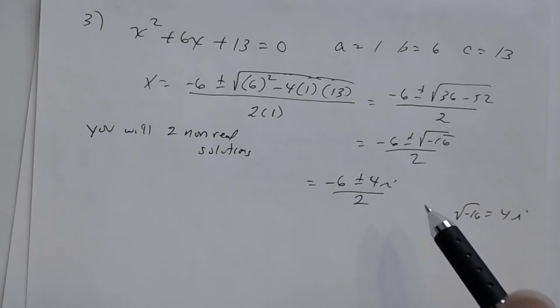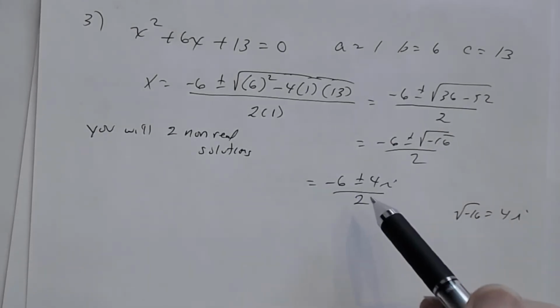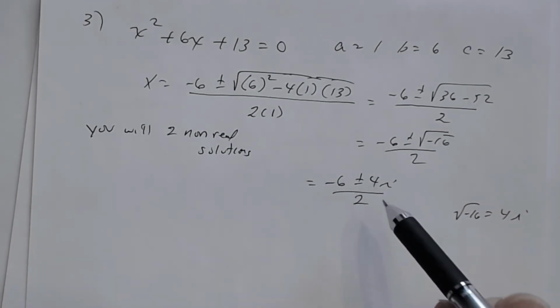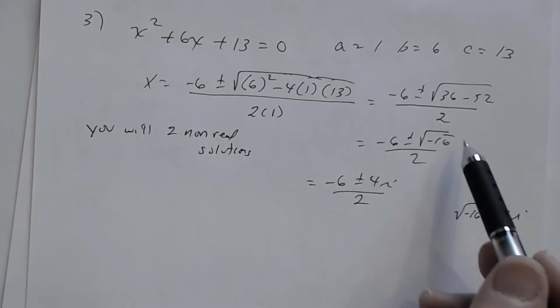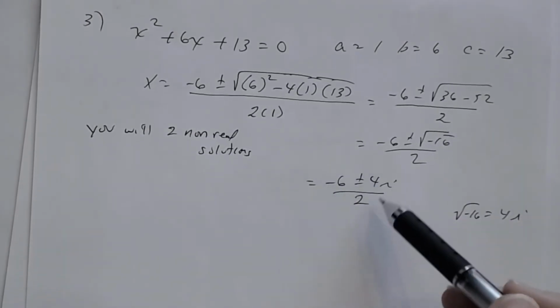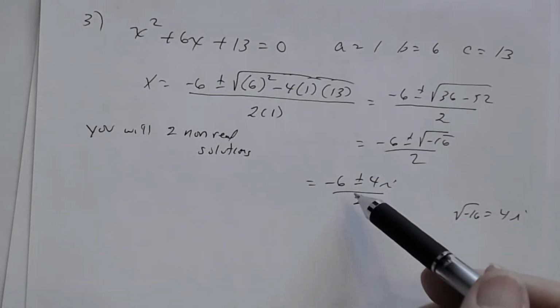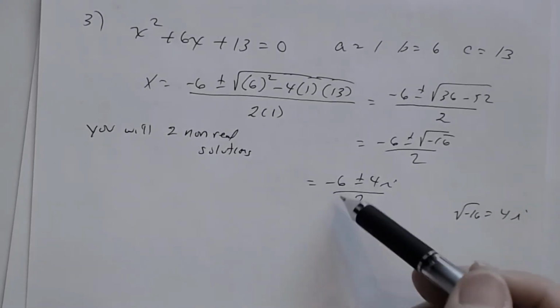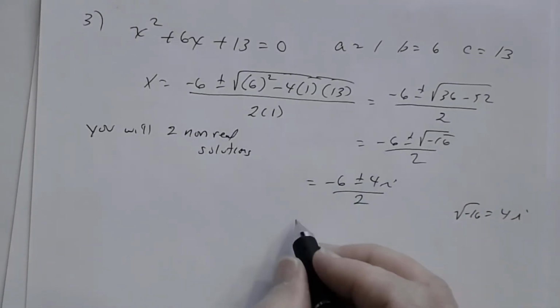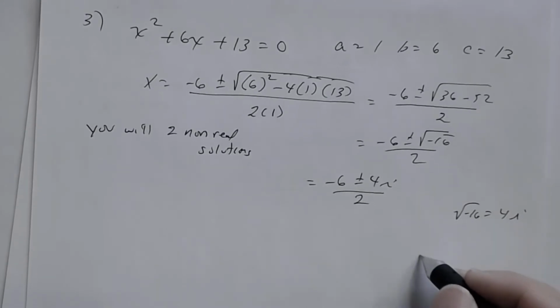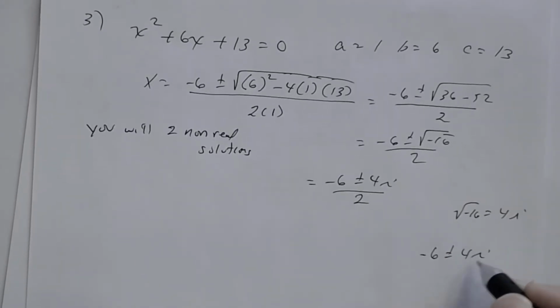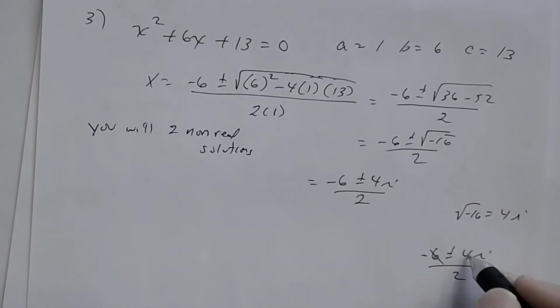All right, now, don't leave your answers like this because remember the direction said simplify your solution. So I simplified the radical, and I'm going to simplify my fractions. And so all of these are divisible by 2. Do y'all agree that all of these are divisible by 2?